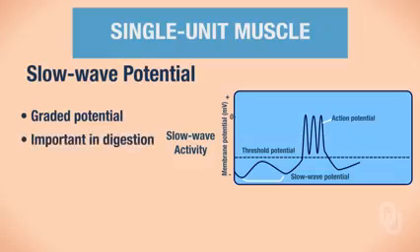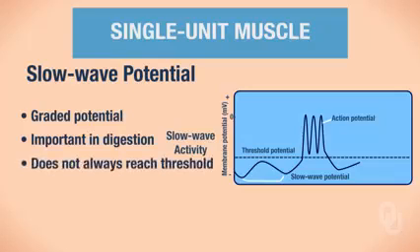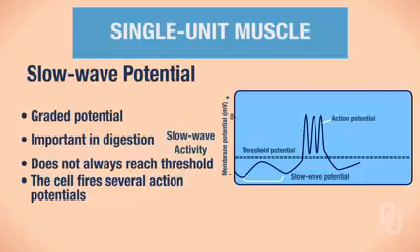Let's look at this graph of a slow wave potential. So in a slow wave potential, does the cell always reach threshold? No. When the cell does reach threshold, however, does the cell fire only one action potential or several action potentials? The cell fires several action potentials. Furthermore, the cell is only at rest momentarily.